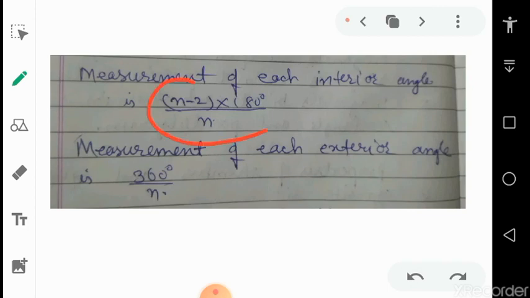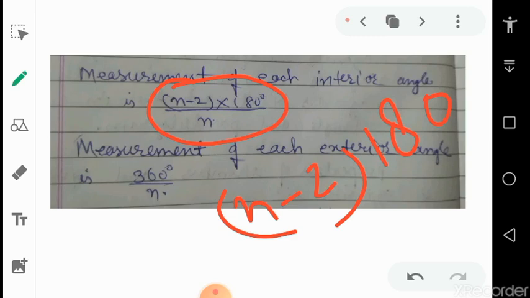See, the expression is divided by n. If you don't divide by n, you will get the sum of interior angles, as it is n minus 2 into 180. This expression will give you the sum of interior angles only. But if you divide by n, it will give you the measurement of each interior angle.